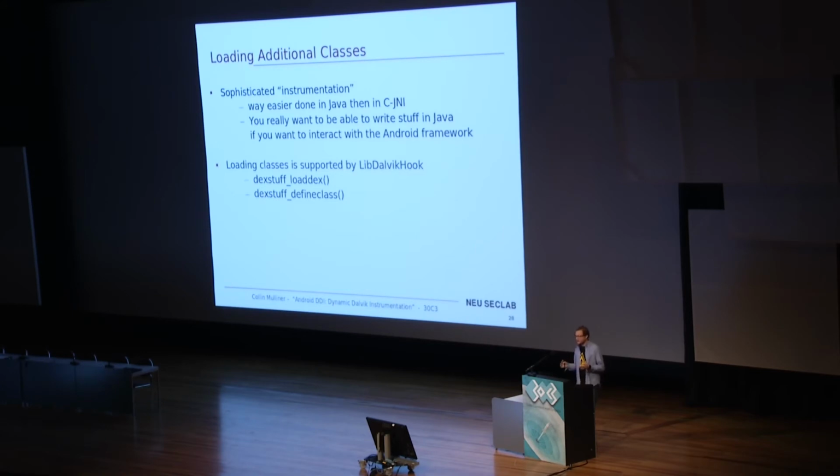And for code that interacts with the Android application and the Android framework, you really want to do that in Java, and not write everything in C. So I added a small functionality which loads an additional class into the process. All this functionality was already available in the DVM, and I just added some nice wrappers around it.